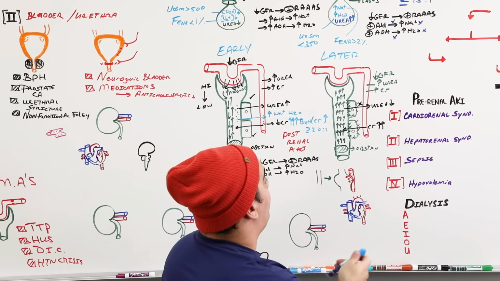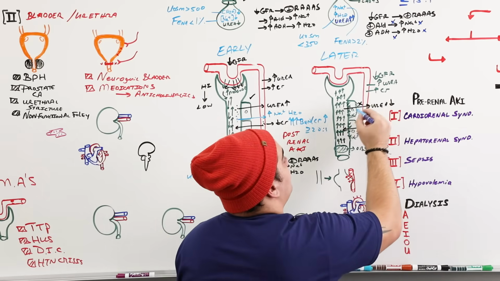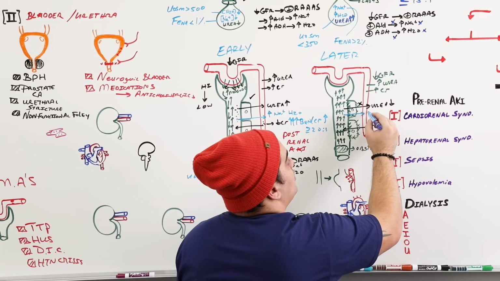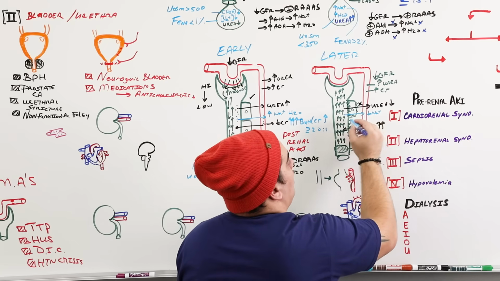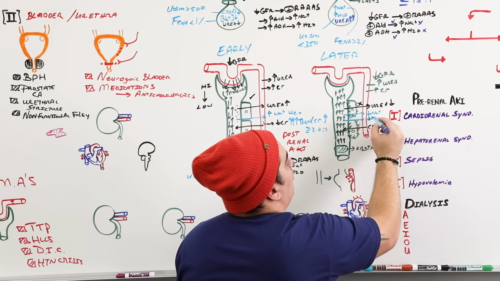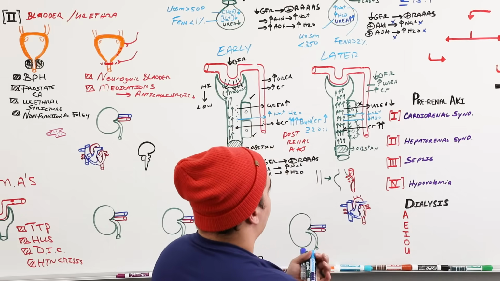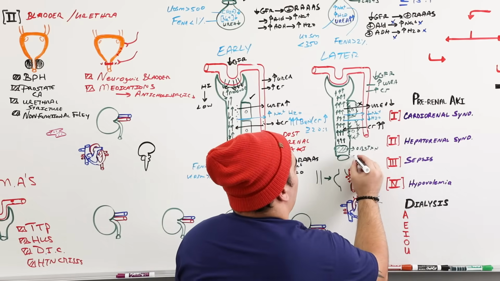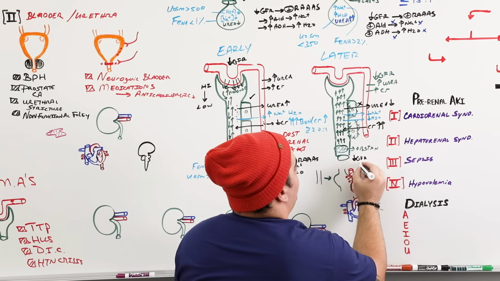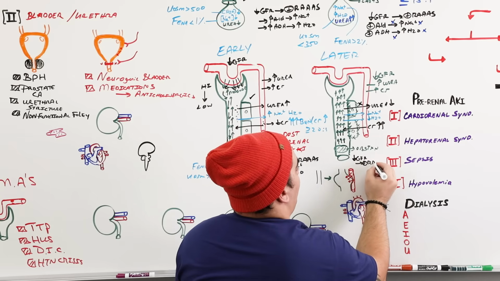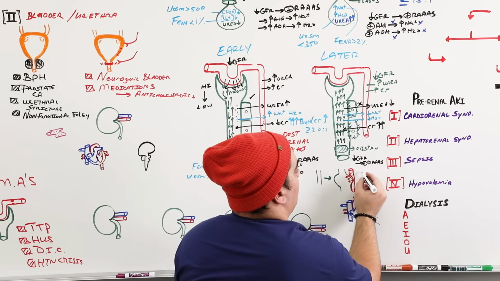And because of that, guess what? Not as much sodium and water comes over. So less sodium and less water will move over. Also, normally what happens when you have a low GFR? It should stimulate the renin, angiotensin, aldosterone, ADH system.